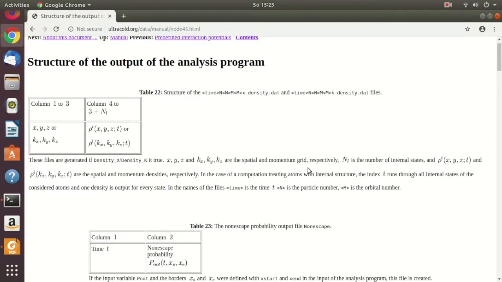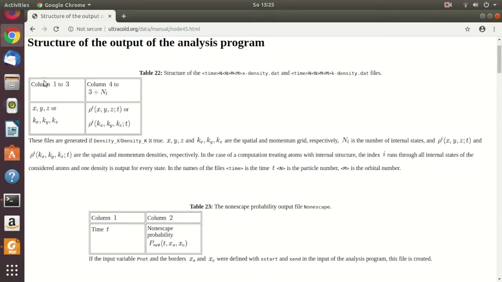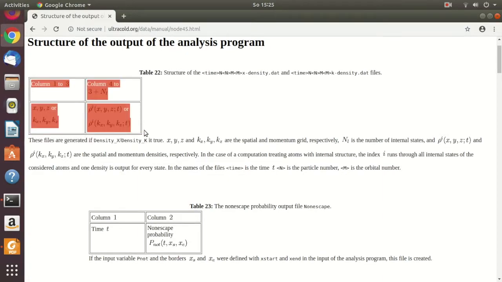The first table shows the structure of the x-density files and the k-density files. The first column is x or kx, the position or the momentum, and the fourth column is the density distribution in real or momentum space.